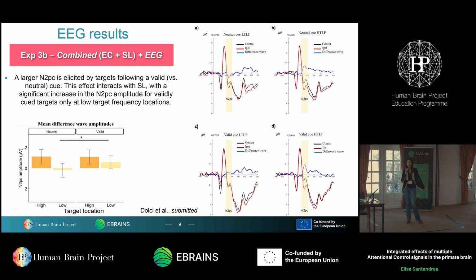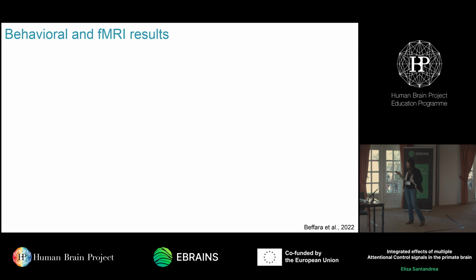So even if the signals, for example, pertaining to some kind of attentional control are not evident in the final attentional choice, in the final behavior, they are there somewhere in the brain, ready maybe to act in case of need.